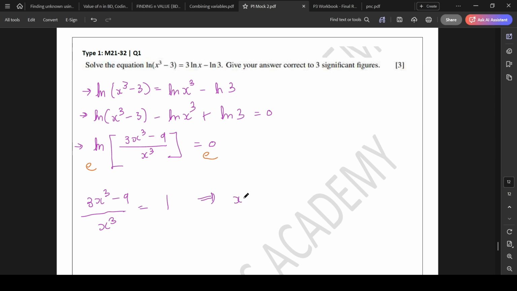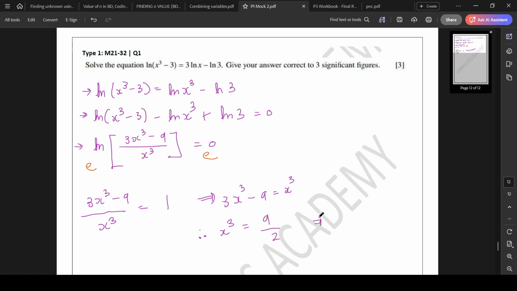From here, I can say that 3x cubed minus 9 is equal to x cubed, and therefore x cubed is equal to 9 by 2.